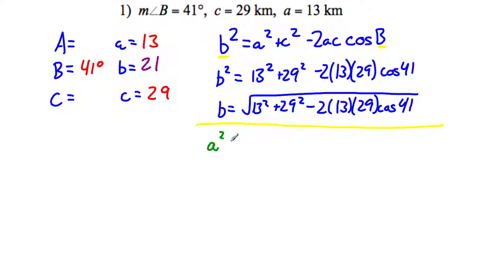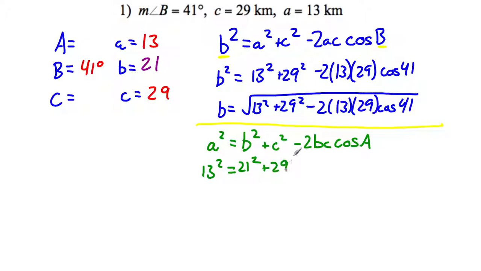So I'm going to say that a squared equals b squared plus c squared minus 2bc cosine of A. So that gives me that 13 squared equals 21 squared plus 29 squared minus 2 times 21 times 29 cosine of A. Now, in this particular case, I actually have this cosine variable, and so I need to solve for this.